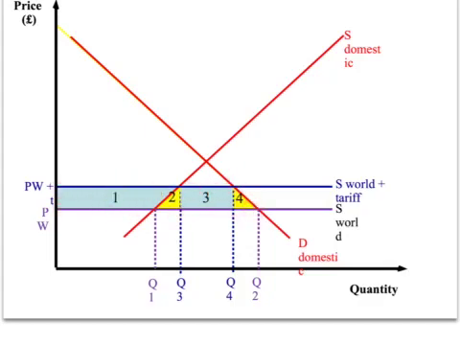Area 1 is cancelled out due to the rise in producer surplus, and area 3 is cancelled out due to the rise in government revenue due to the tariffs. So the net effect is a loss of areas 2 and 4 due to the imposition of the tariff.